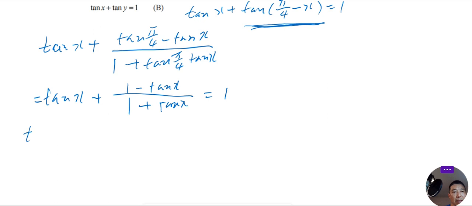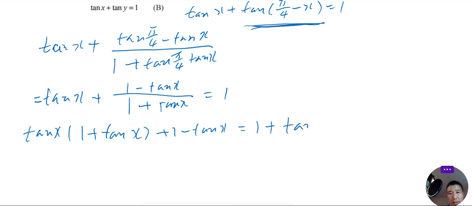So that gives me tangent x times 1 plus tangent x, plus 1 minus tangent x, equals 1 times 1 plus tangent x, which is just 1 plus tangent x. So I'm going to expand and shift everything to the left hand side.